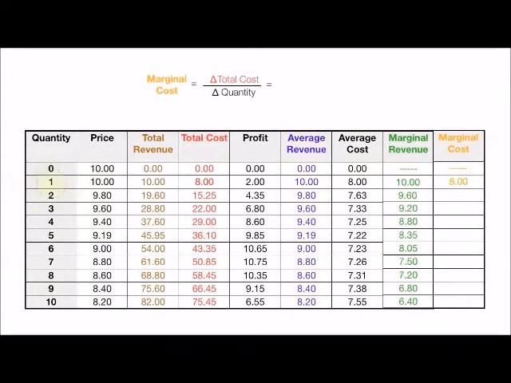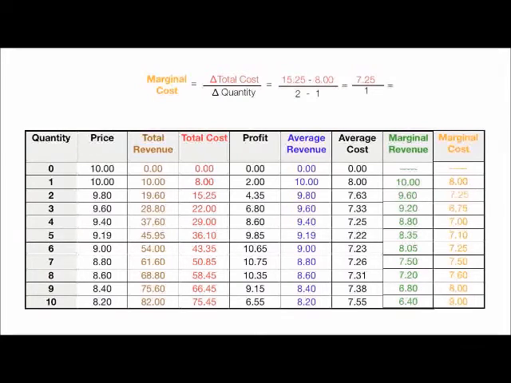If quantity goes from 1 to 2 units, cost goes from 8 to 15.25. So I go 15.25 minus 8, divided by 2 minus 1. And this is equal to 7.25 divided by 1, which gives me a marginal cost of 7.25. I'll just fill in the rest of the values there.